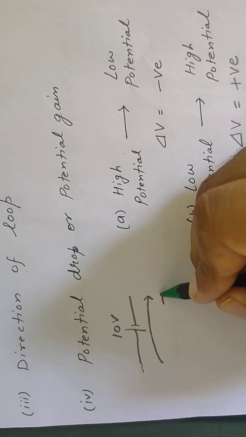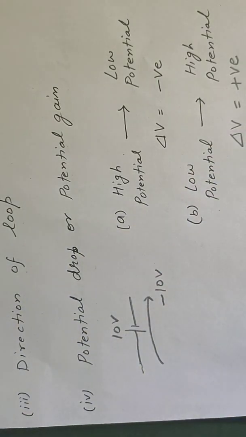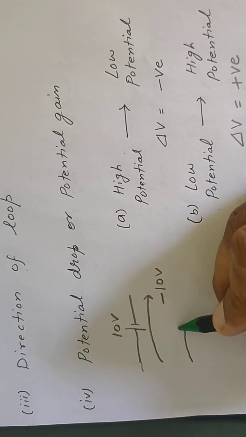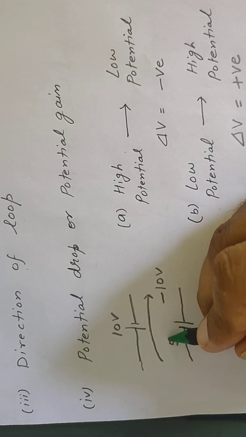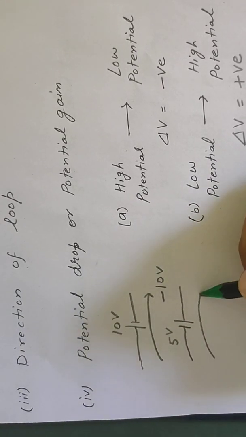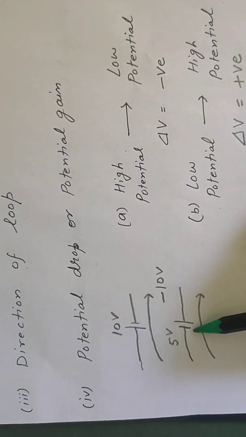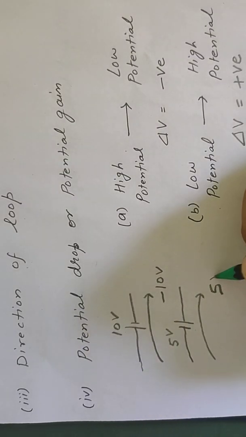So we take the voltage as negative 10 volt. Now if we take a cell like this, say it is 5 volt, and we are going in this direction, here we are going from low potential to high potential, so we take the change in potential as plus 5 volt.